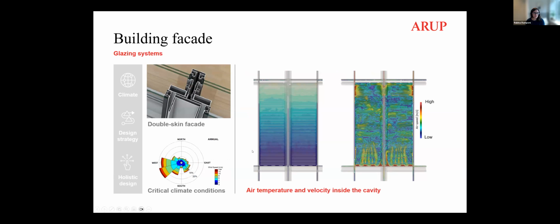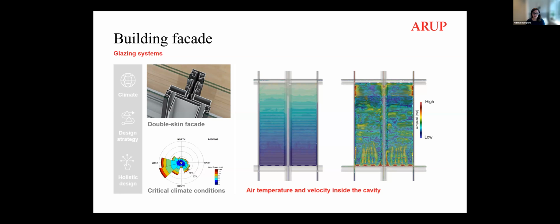I thought this application is interesting because it's a very different scale. We can use simulations not only for larger spaces, but also for detailed modeling of smaller scale problems like a double skin facade. This was a double glazed panel unit that was ventilated from slots at the intake at the bottom of the panel and then exhaust at the top. There was a question regarding the temperatures that the air inside the glass could achieve, and whether they could compromise the performance of the glazing units.